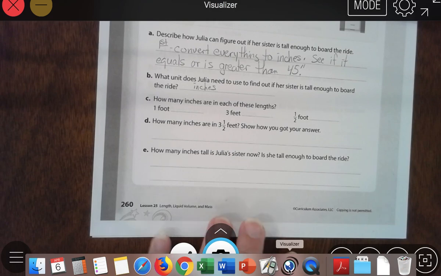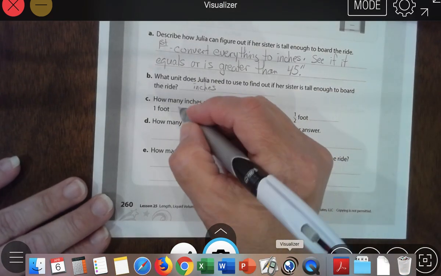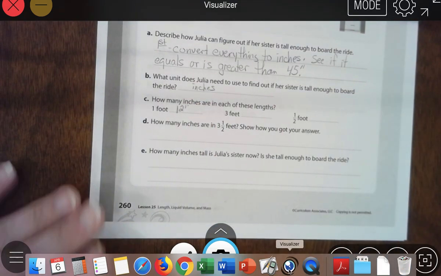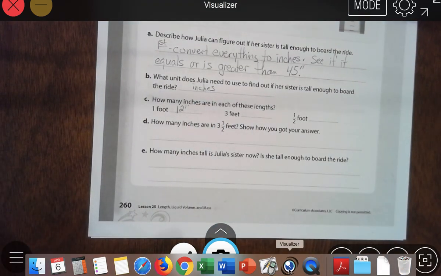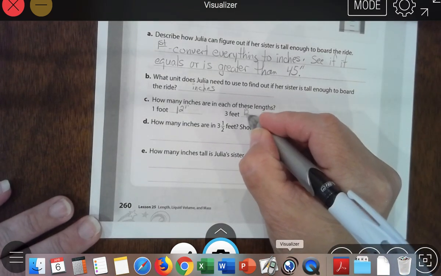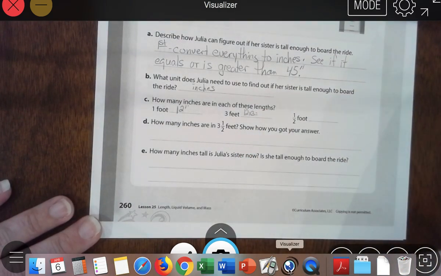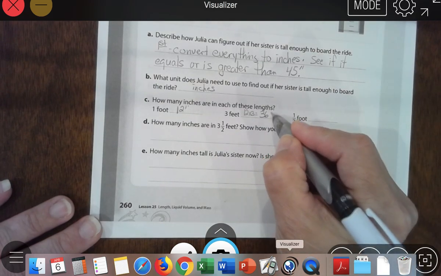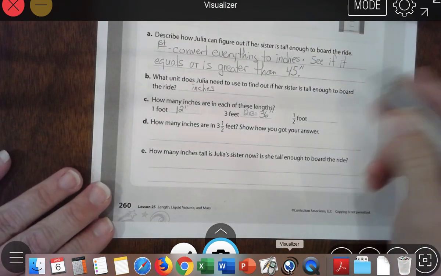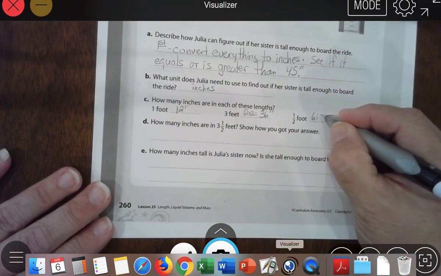So we know that 1 foot is equal to 12 inches, correct? What about 3 feet? Well, how could we do that? We could say 12 times 3, and that's going to give me 36 inches. And then what about half a foot? If I think about it, I can divide 1 foot into 2, and I would say half a foot is 6 inches.